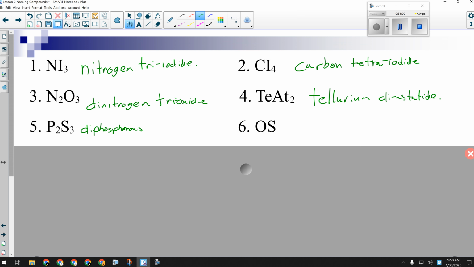What prefix goes on the sulfur? Tri. And then for number 6, any prefix on the oxygen? No. What prefix goes on the sulfur? Right. So this would be oxygen monosulfide.